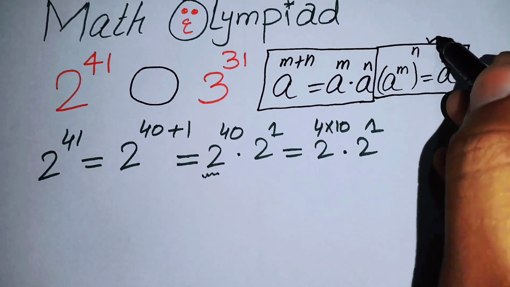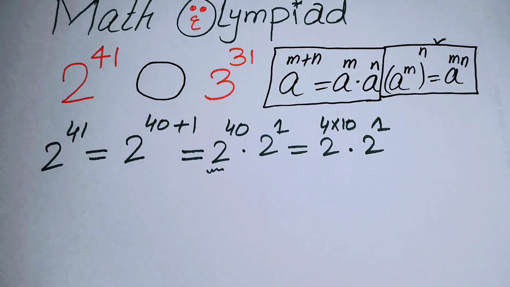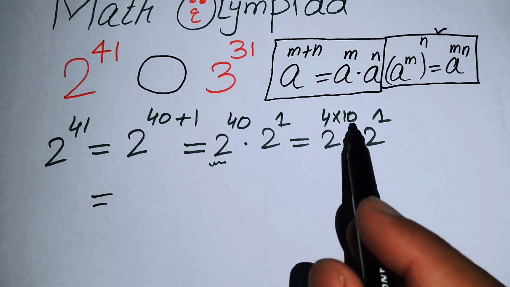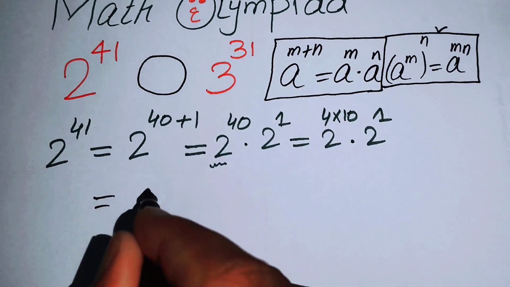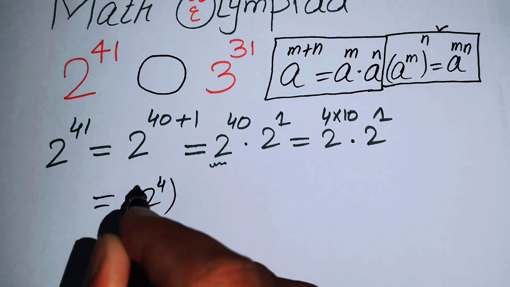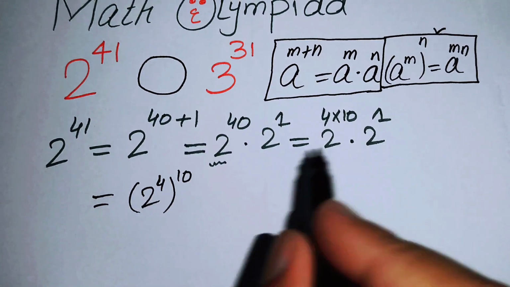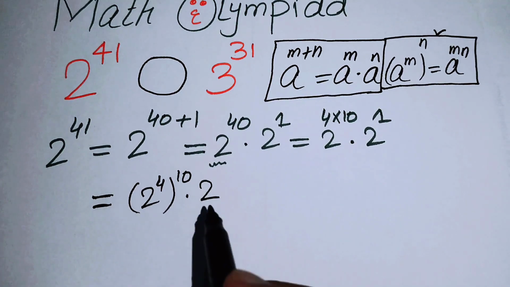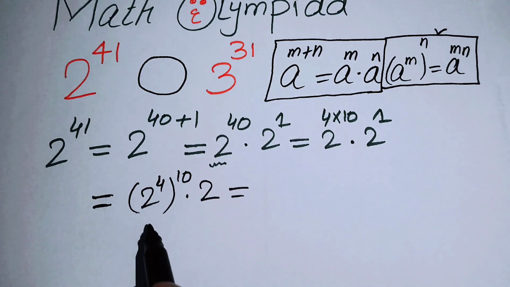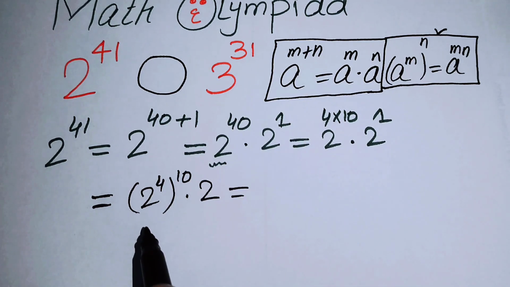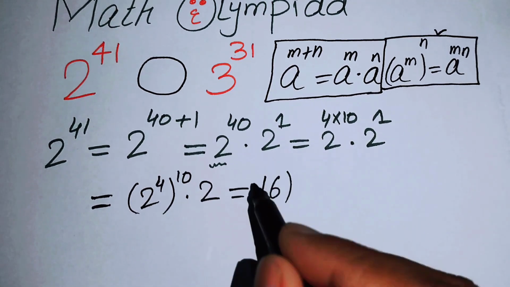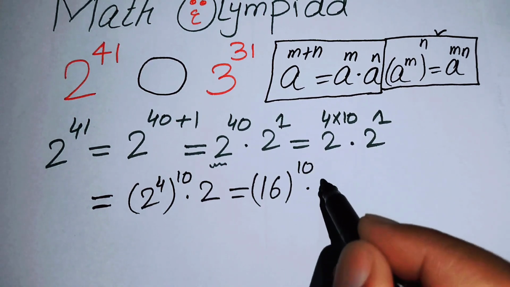So according to this second exponential law, we can write 2 to the power of 4 times 10 as 2 to the power of 4 with its whole power 10, and here you multiply 2 to the power of 1, which is equal to 2. And now you know that 2 to the power of 4 is equal to 16. So you get 16 to the power of 10 times 2.